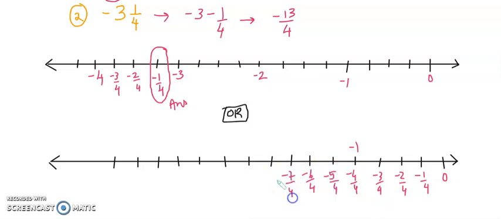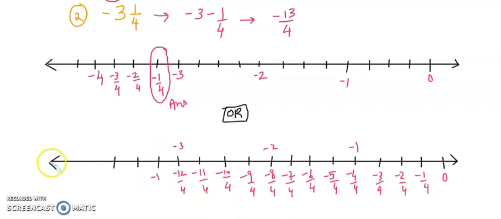Negative 7 by 4, negative 8 by 4 is going to be negative 2, negative 9 by 4, negative 10 by 4, negative 11 by 4, negative 12 by 4, which is negative 3, and this is negative 13 by 4, which is our question.